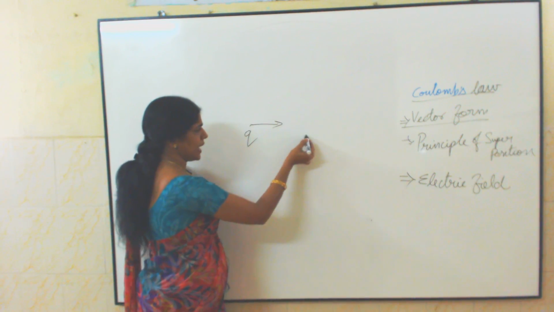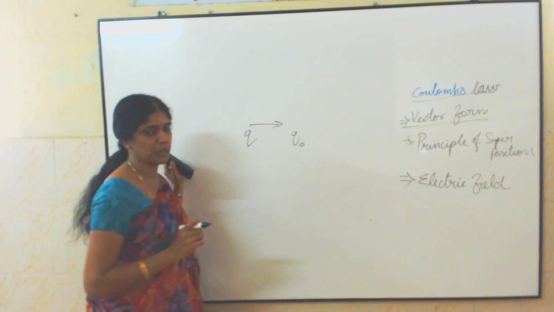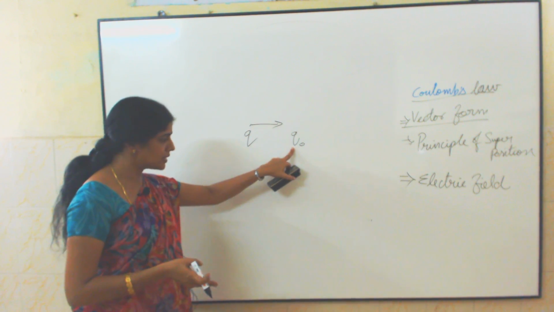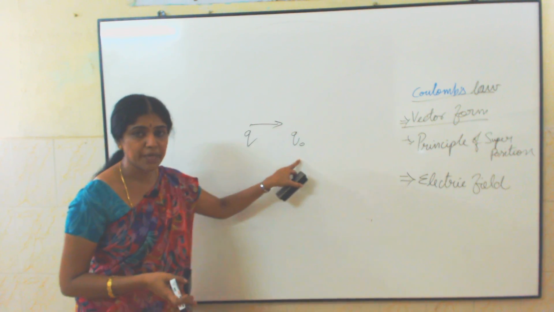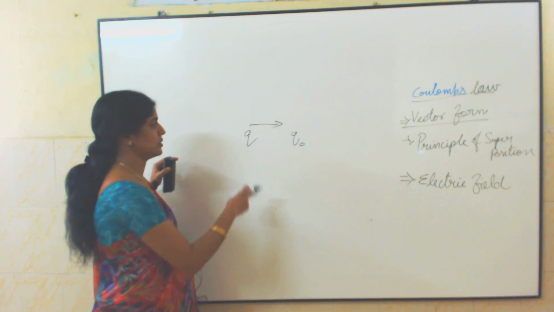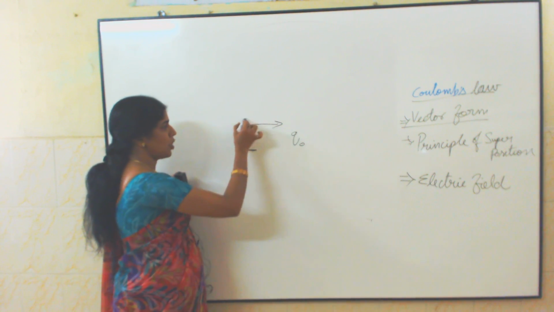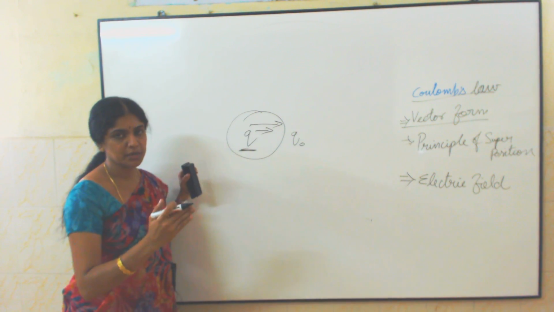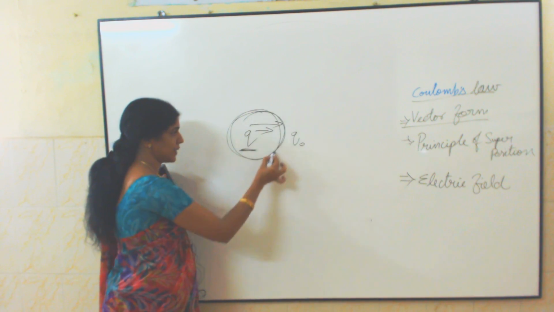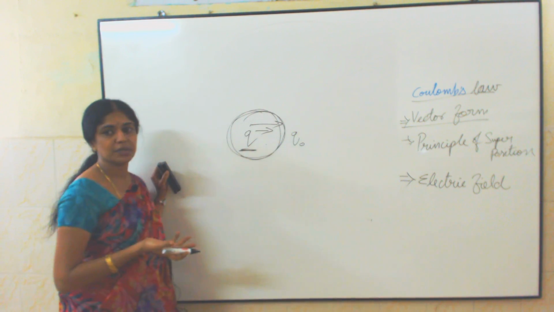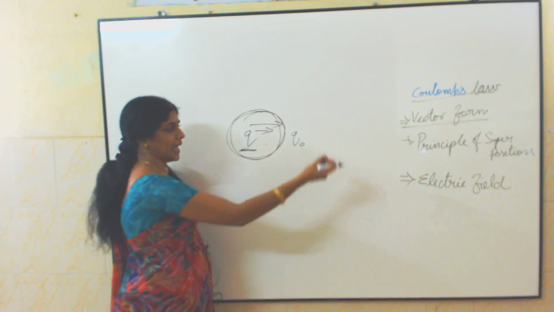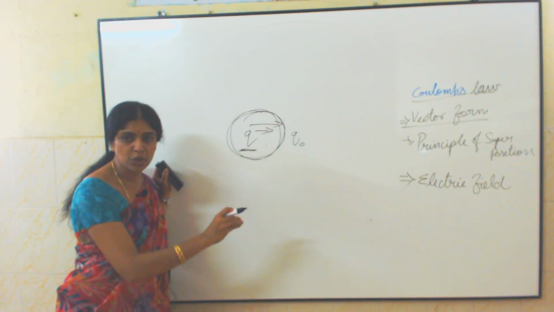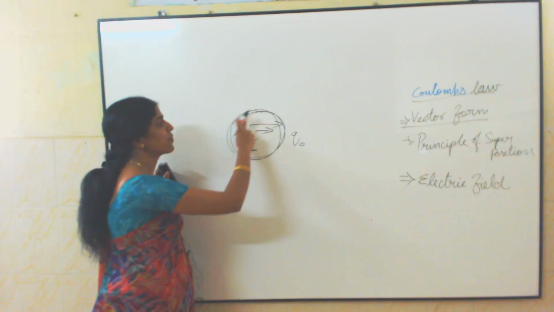But if I bring another charge, let that charge be a test charge Q naught, closer to it, then only can I find out how much area its force is felt. In the space around this charge, up to how much area will its force be present? How can we find out? By bringing another charge towards it, I can easily find out how much area its force is felt.